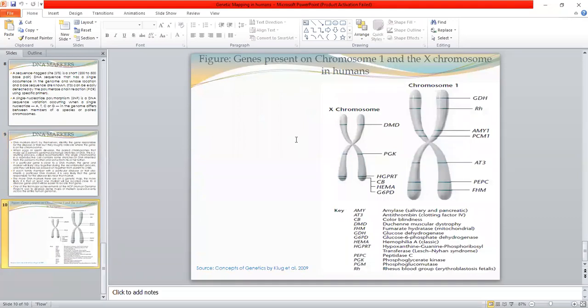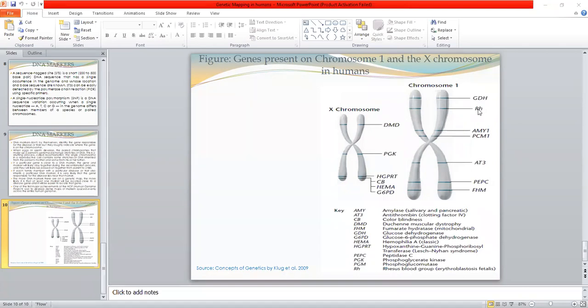This figure depicts the genetic map for chromosome 1 and the X chromosome in humans. On chromosome 1, certain genes are located, and these genes were identified with the help of genetic mapping. There is the GDH gene, glucose dehydrogenase.